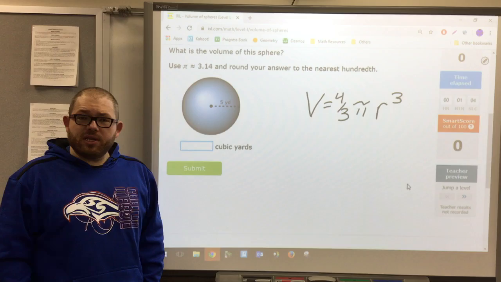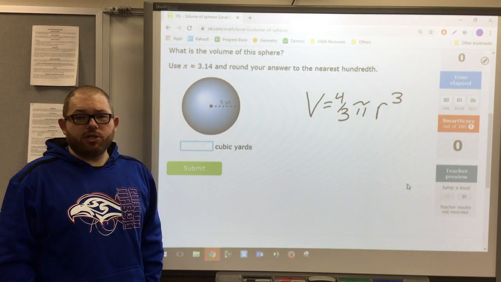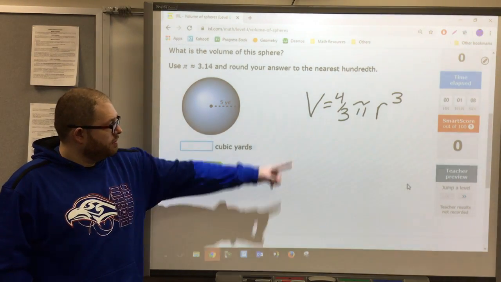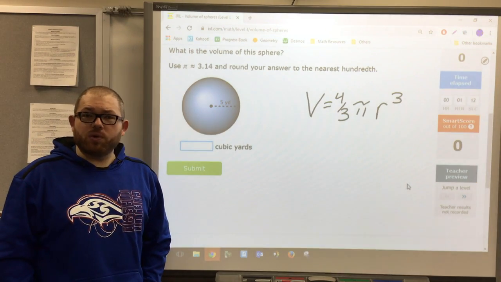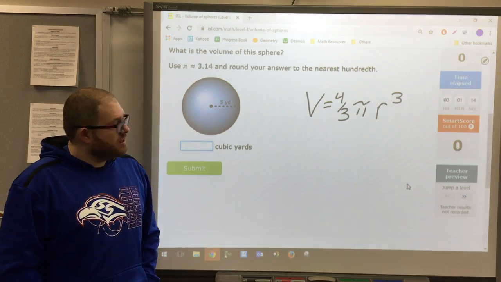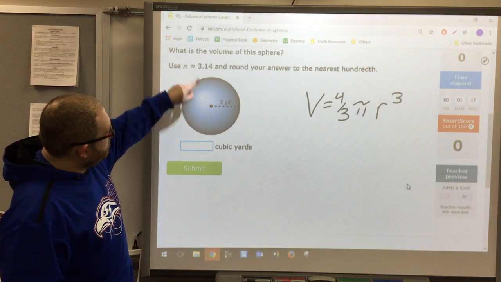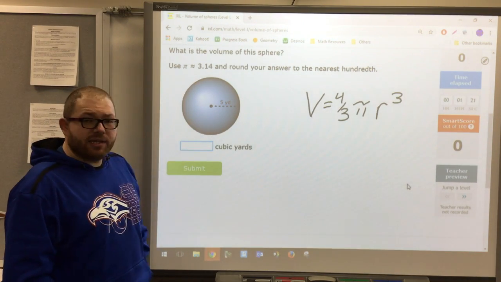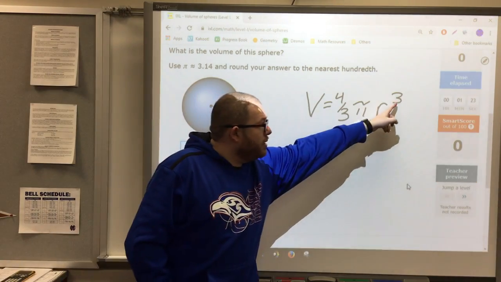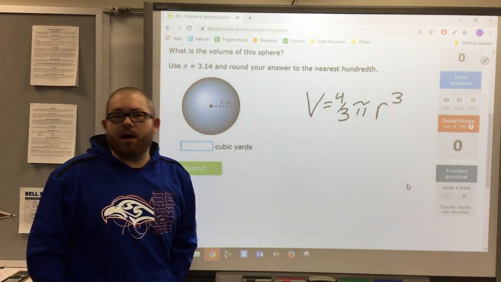So, for every single one of these problems, you are going to use the same formula. Volume of a sphere is 4/3, that's 4 divided by 3, times pi, which once again we'll be using 3.14, times the radius, but look carefully, that's cubed to the 3rd power.